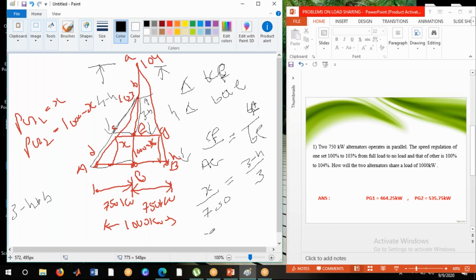Find the X equation from here by solving this equation, X in terms of H.